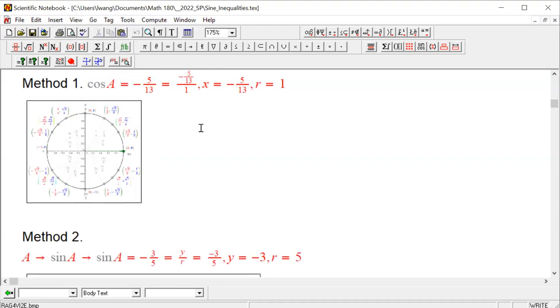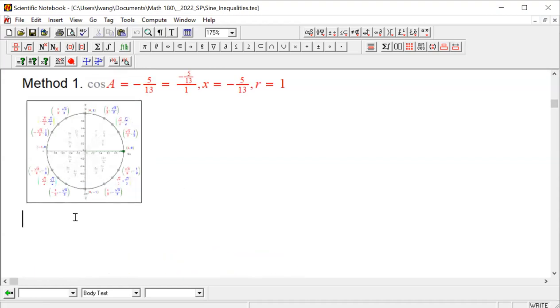The solution is going to be, we let theta equal arc cosine of -5/13, and then the solution will be plus minus theta plus 2k pi, and k be any integer. I think you get the same answer as I did.